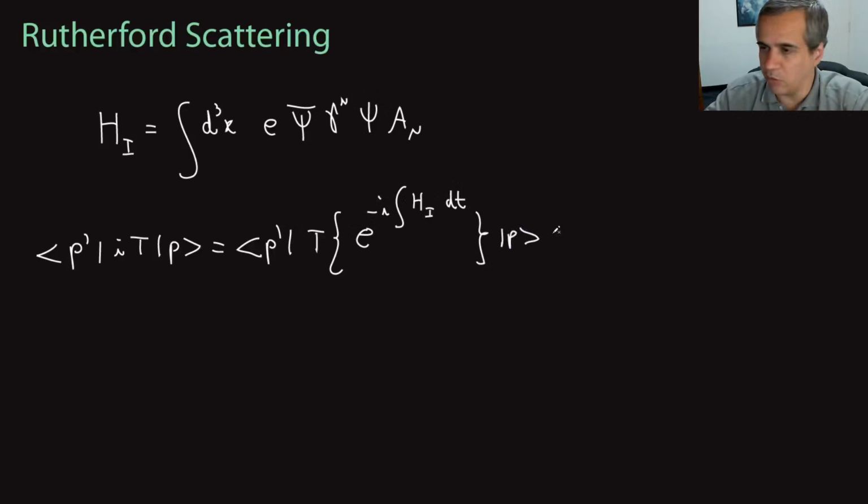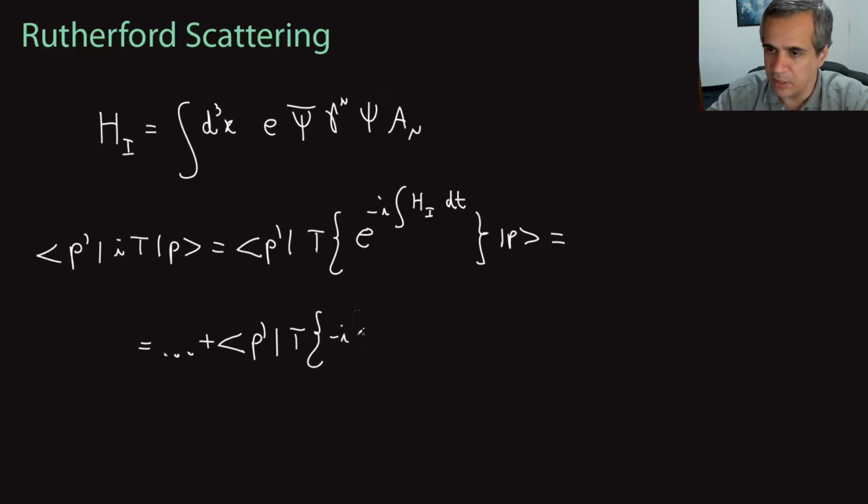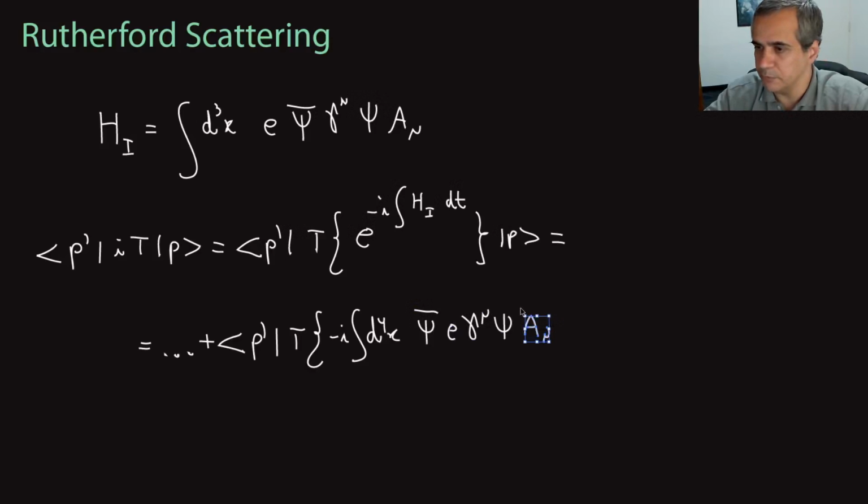And to first order in perturbation theory, the first term that will contribute to scattering, if I assume p is different than p prime, is this. Time ordered minus i d^4x psi bar e gamma mu psi A_mu, with the states p and p prime.